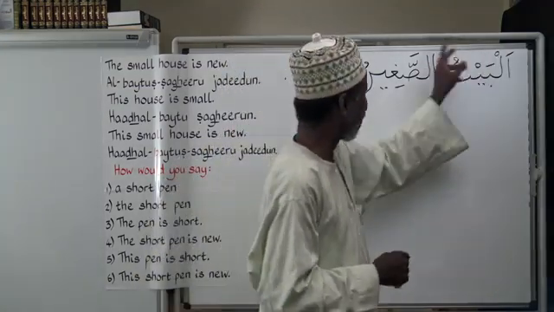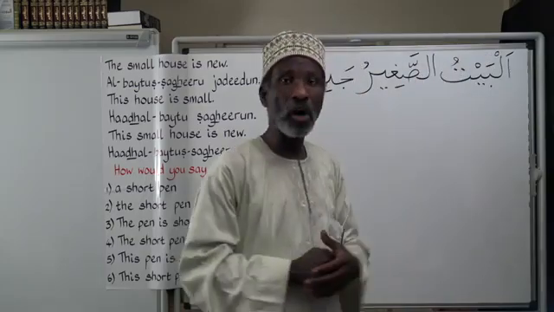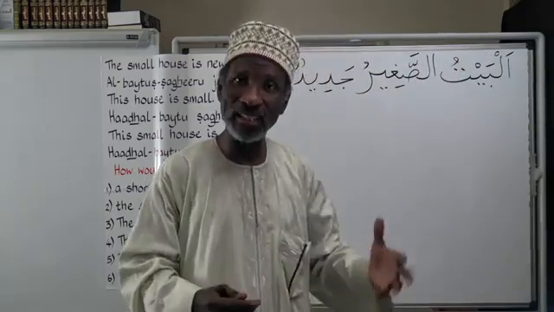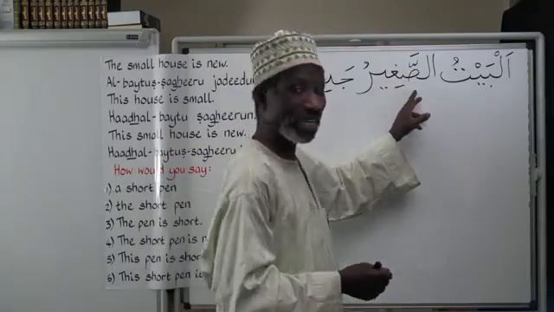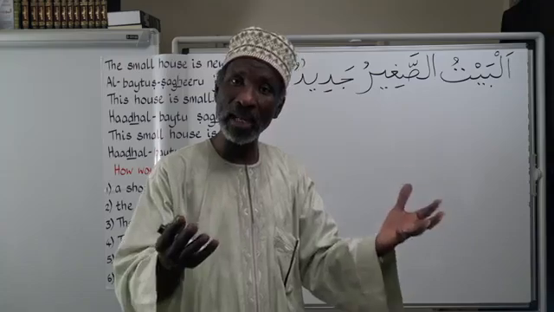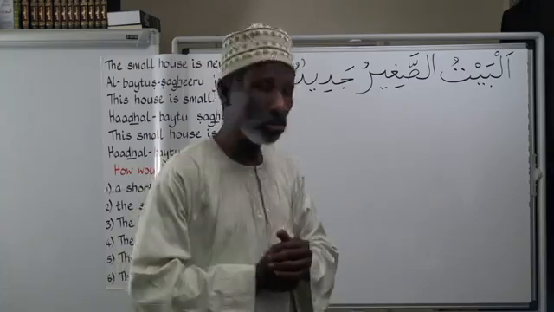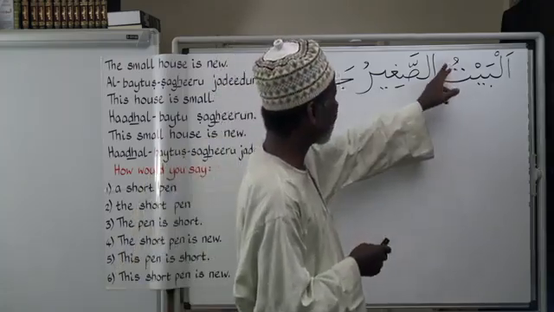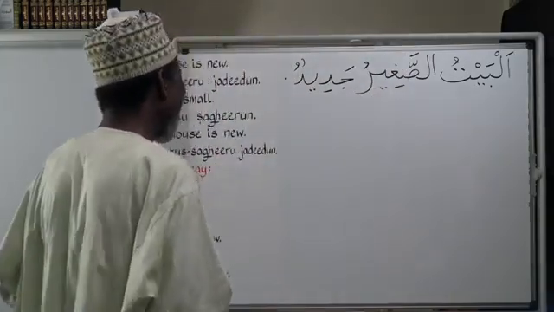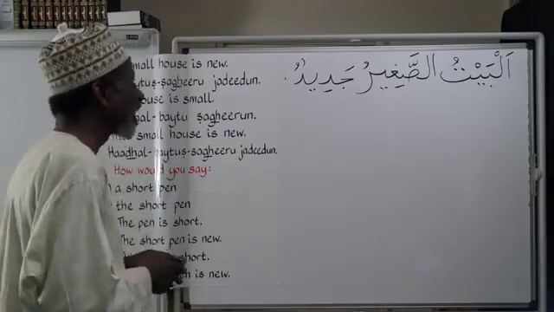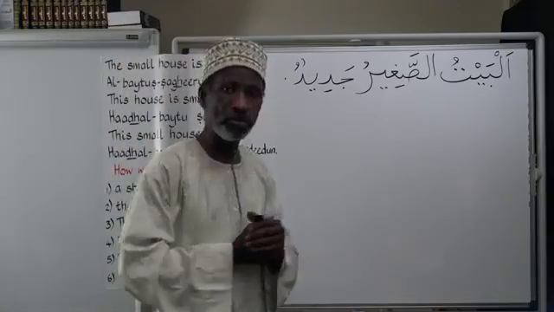We remove the sukun on it because the sod is a sun letter, and that's why it's carrying the obligatory shadda. And shadda means there are two of those letters and there's an embedded sukun. So you will say al-baytus saghiru and then jadid. The small house is new.